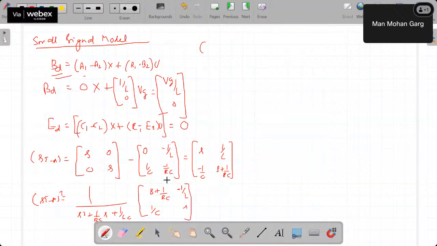Now, if I'm using the Leverrier algorithm in this case, then I need not calculate this (sI minus A) inverse directly.